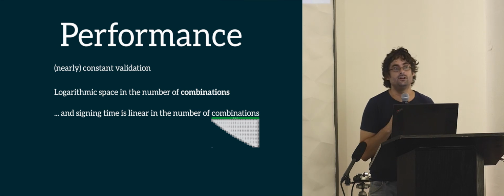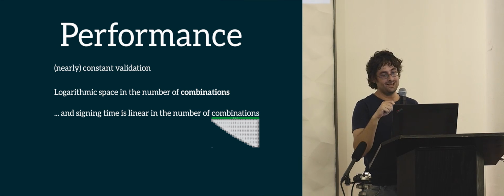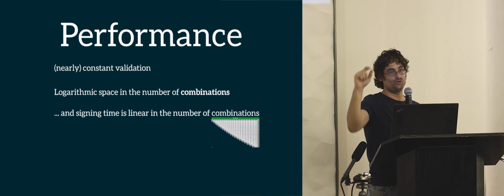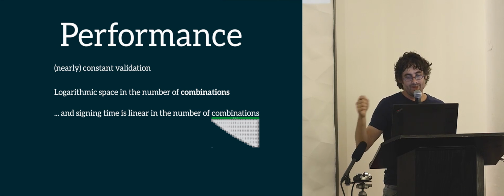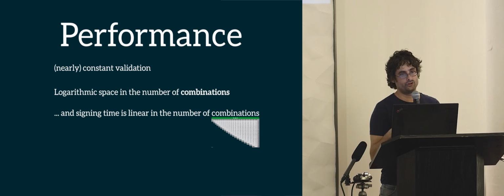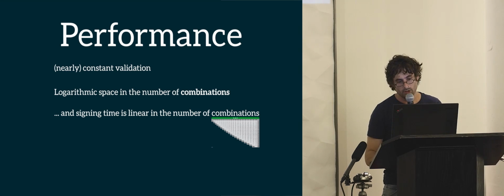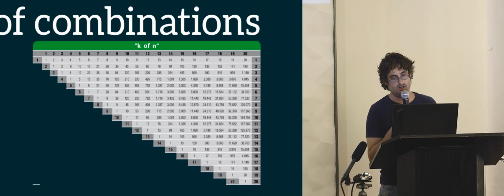And the signing time is linear because during signing, you need to construct the Merkle branch, and in order to do so, you need to know the entire tree, which is unfortunate as there is a certain overhead to computing the sum of the public keys in each of the leaves. So here is a table of all up to 20 out of 20 keys.